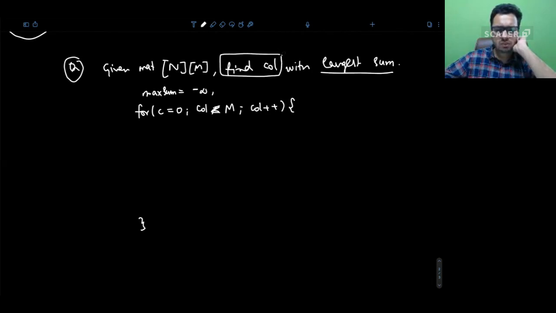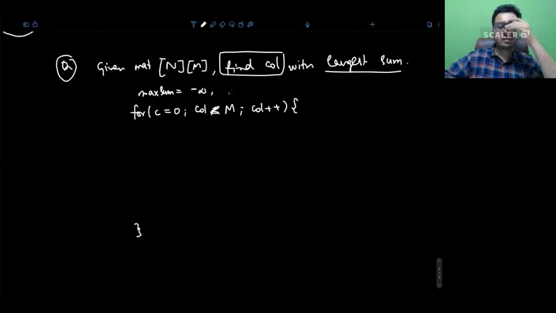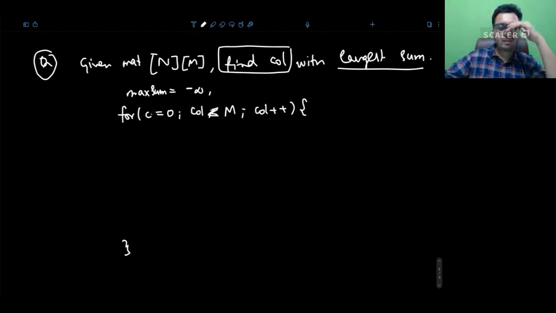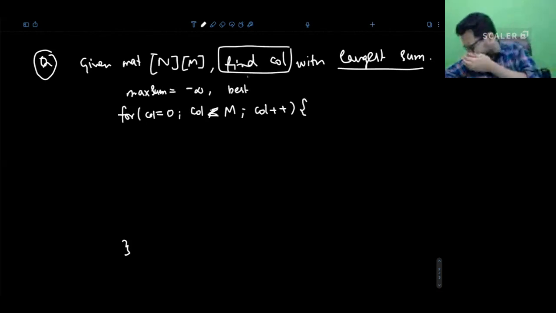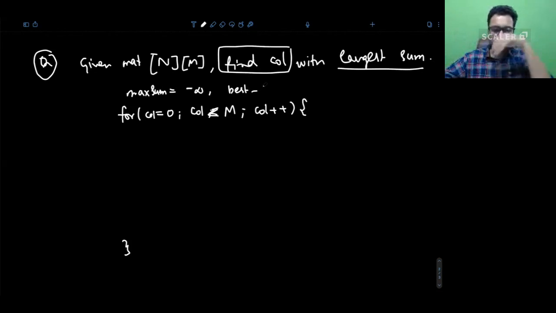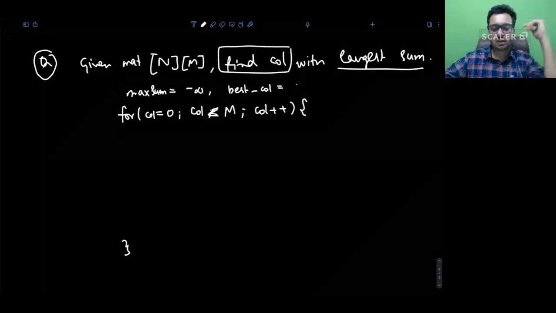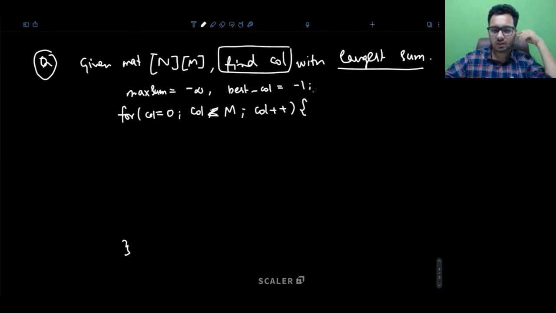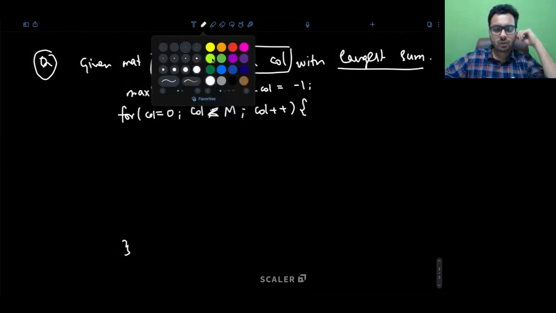So I also need to see what column is having this particular sum. So can I say best column is not yet known, and I set it as minus 1. I do not know what column is the best column, so I just set it as minus 1 in the beginning, right?